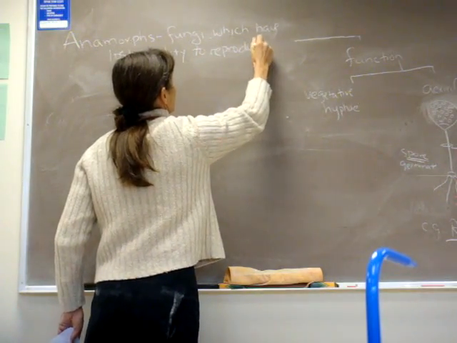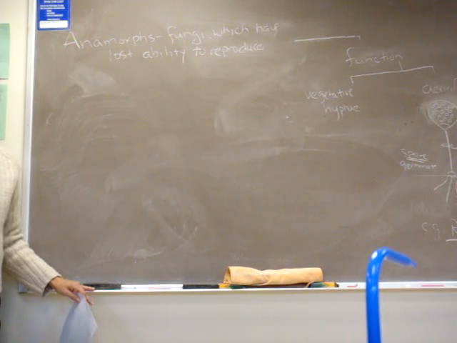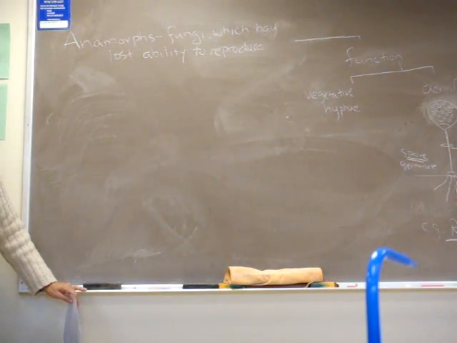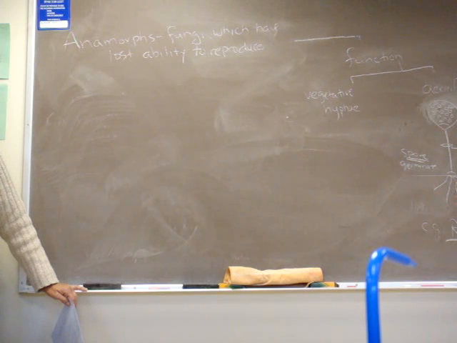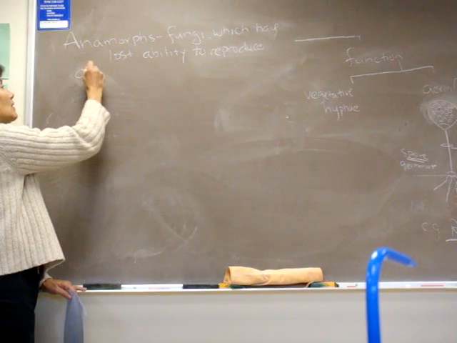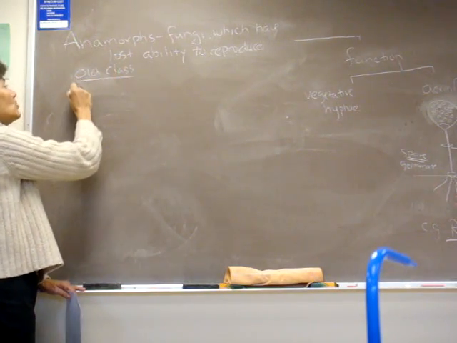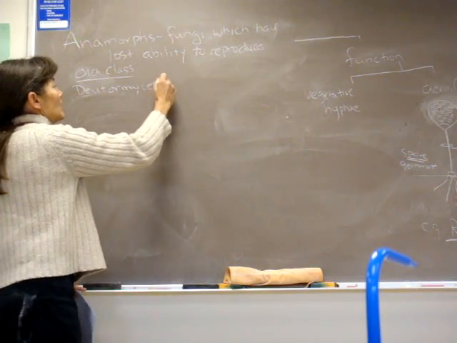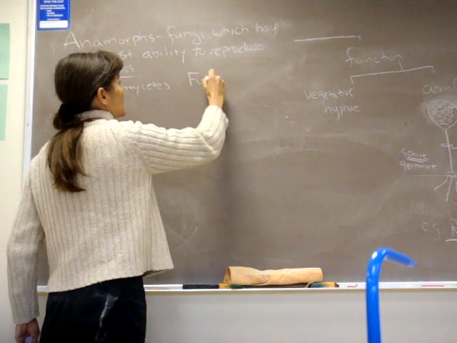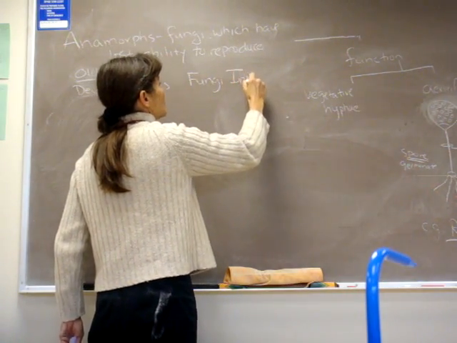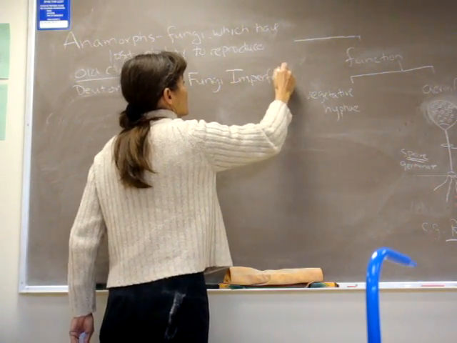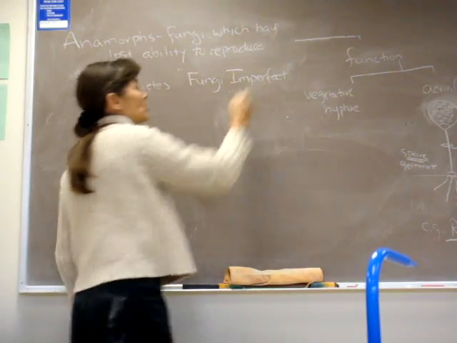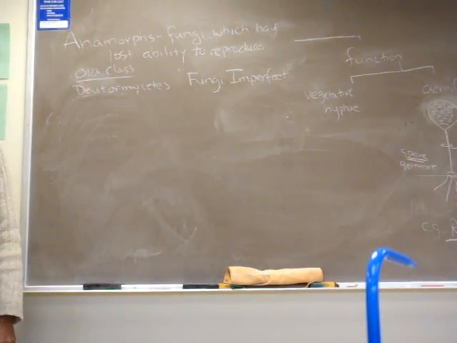And the reason these guys are really important is, way back in the 70s when I was going to college and we were studying fungi, the biology teacher always talked about this class called the Deuteromycetes. These guys were nicknamed the Fungi Imperfecti. They were considered imperfect because nobody could detect sexual reproduction. For a fungus to be perfect, it has to reproduce sexually, right? And with these guys, nobody could find sexual reproduction.